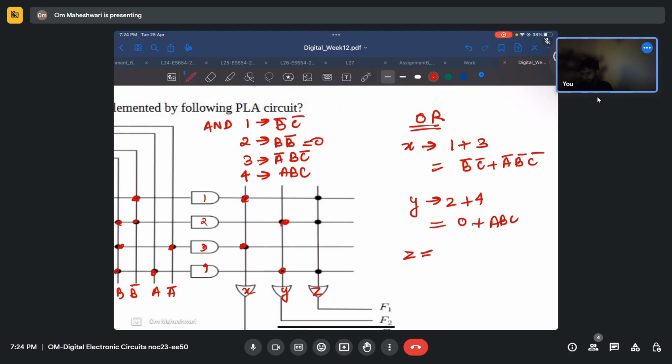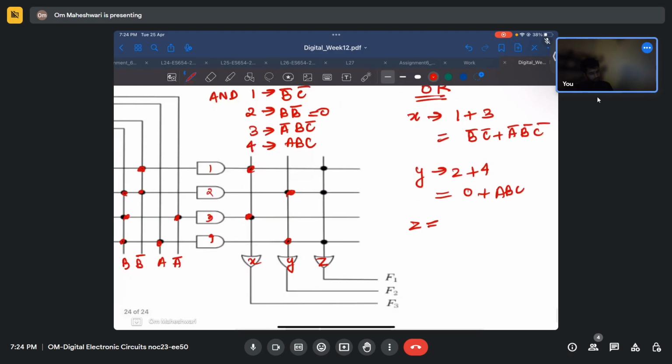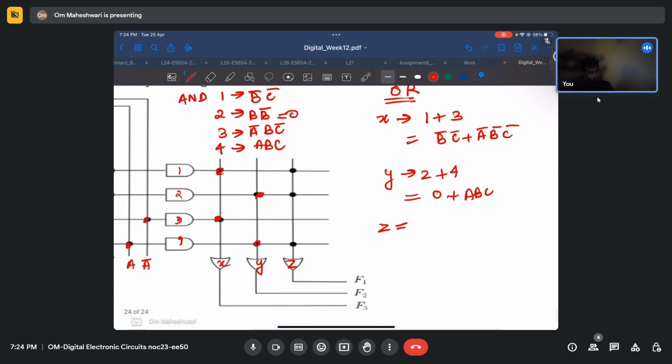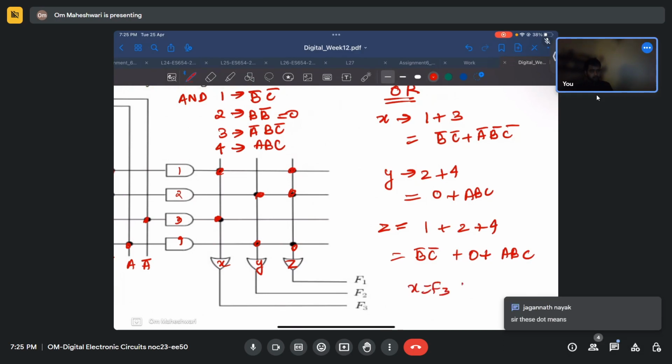In Z we have 1, 2 and 4. 1 plus 2 plus 4, that is B bar C bar plus B, that is 0, plus ABC. Okay. And X equal to F3, Y equal to F2, and Z equal to F1.